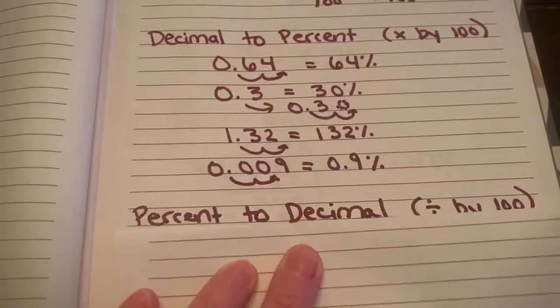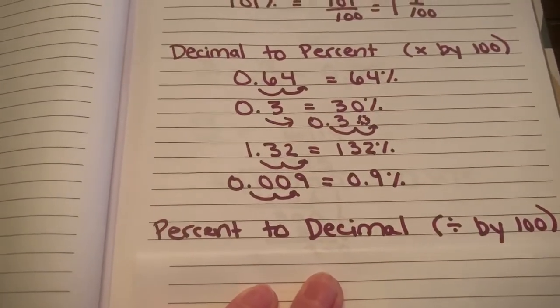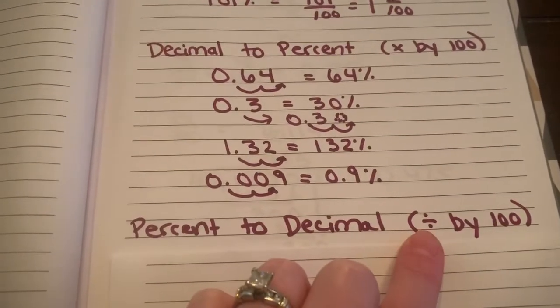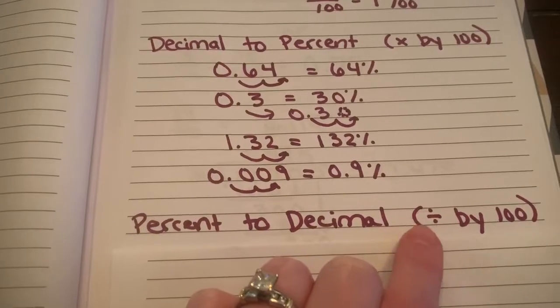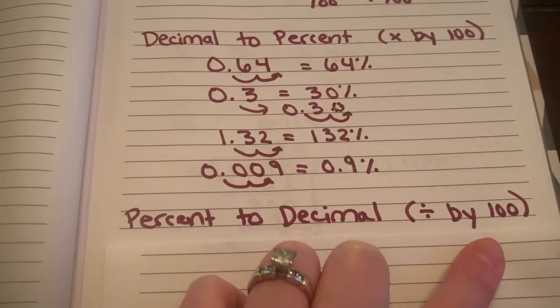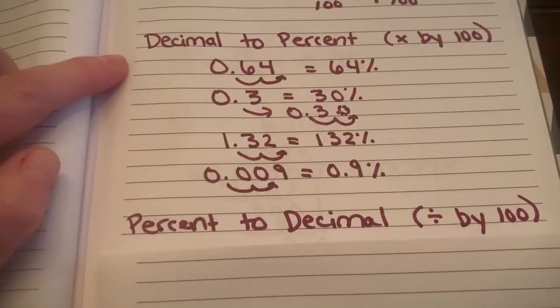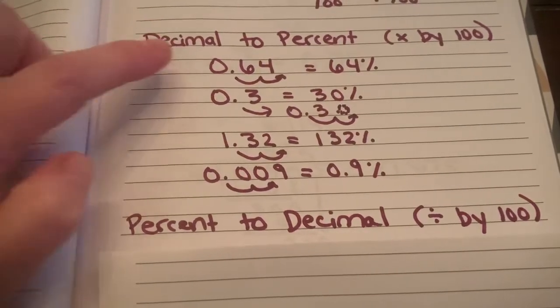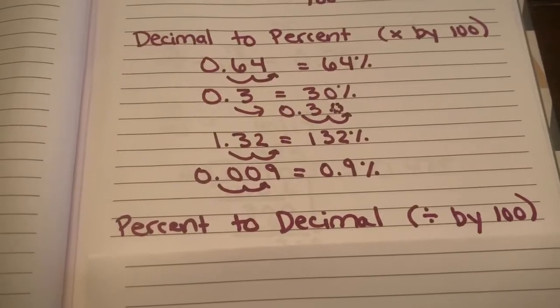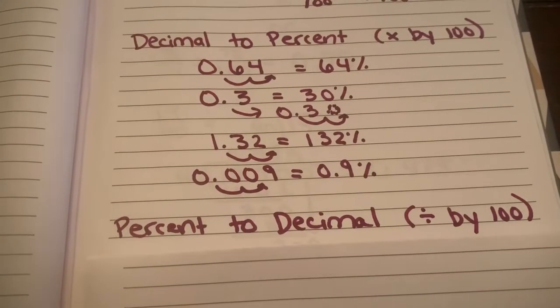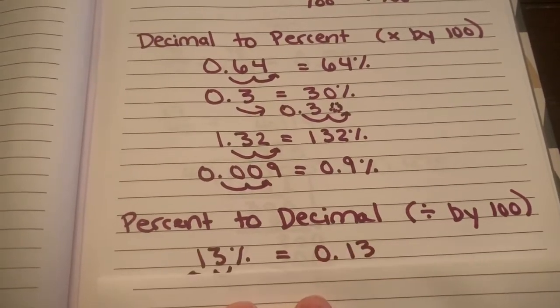And then if we go the other direction, if we're going from a percent to a decimal, again, the traditional way, what I should be showing you is that you're really dividing by 100, but the shortcut is just going to be the opposite. So if up here we're moving the decimal to the right 2 places, I'm sure you can guess that what we're going to be doing here is moving the decimal to the left 2 places.